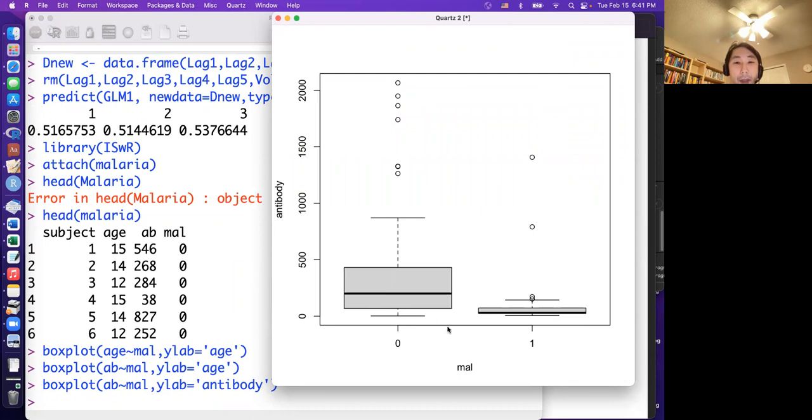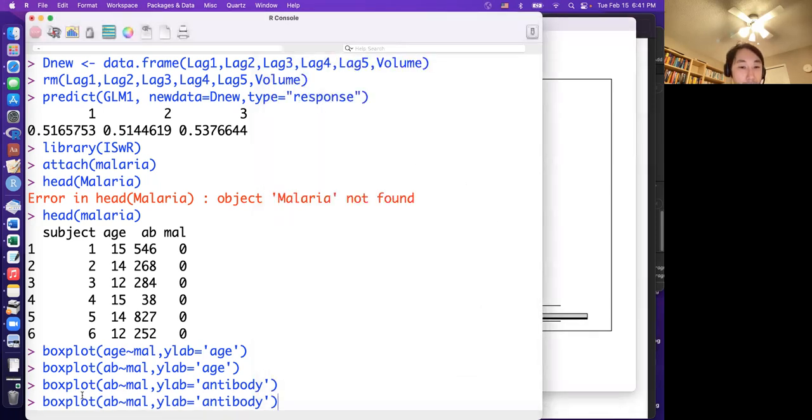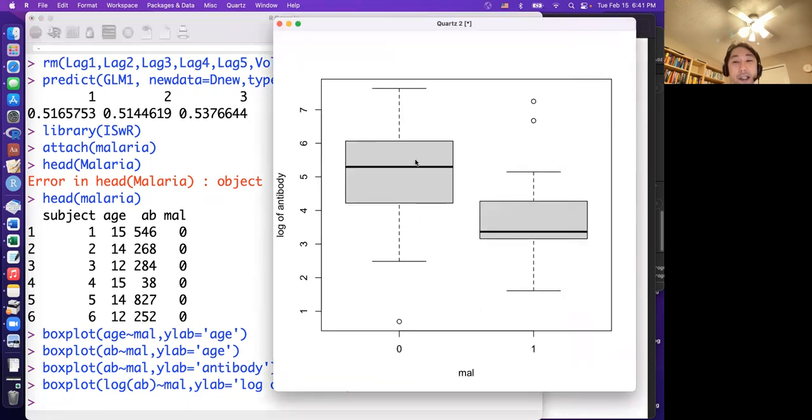So let's also make a box plot of the log of antibody by malignancy. The antibody level is higher for benign patients, but this graph is skewed and has many outliers, so maybe a better representation is to use the log of AB. Then we can clearly see the difference. So the antibody really determines the malignancy.